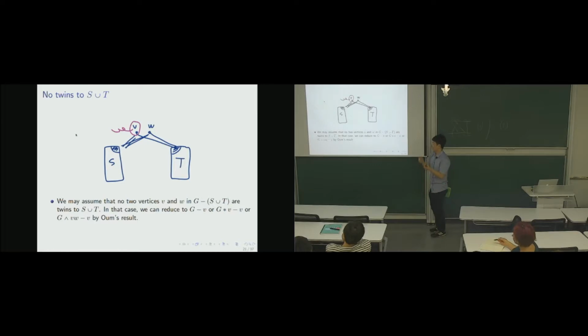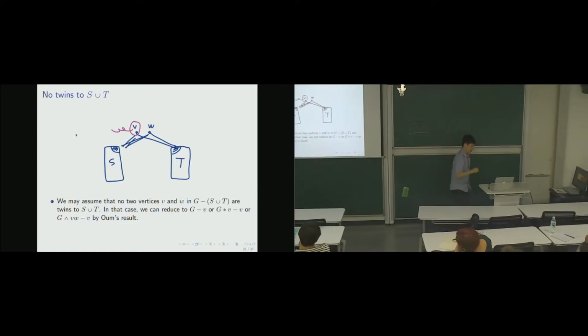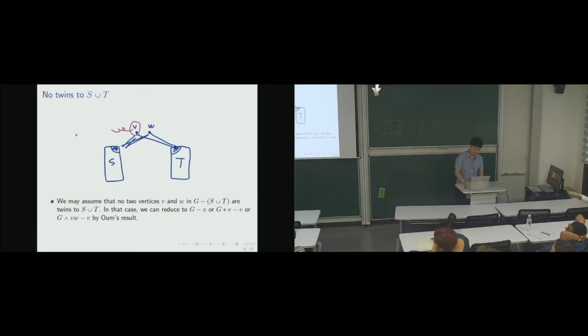You cannot simply remove it, but by this result, you can assume that there are no twins to the S union T. Two of the three have the same connectivity.